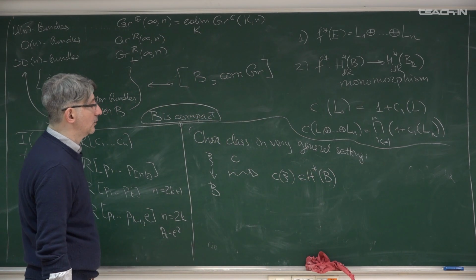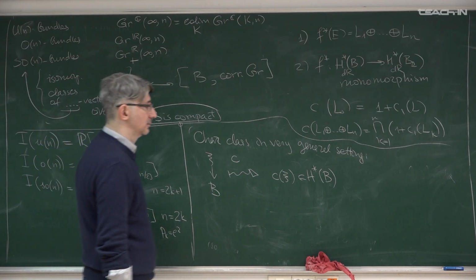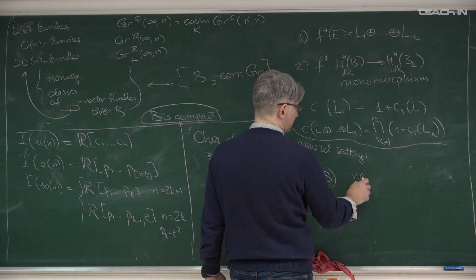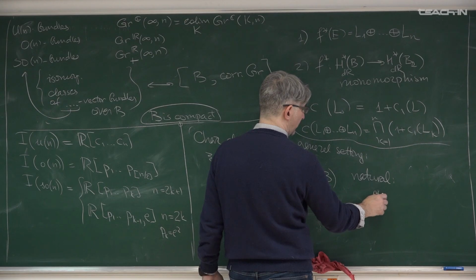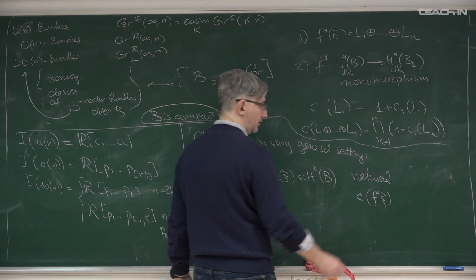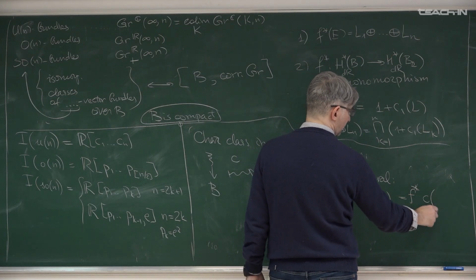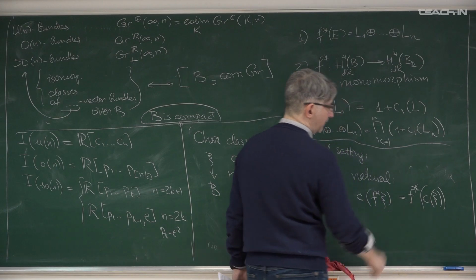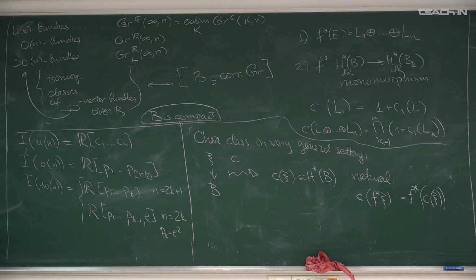But you need this map to be natural, in the following sense: if you take a pullback of the vector bundle and calculate its characteristic class, this should coincide with the pullback of the characteristic class for the vector bundle Xi.